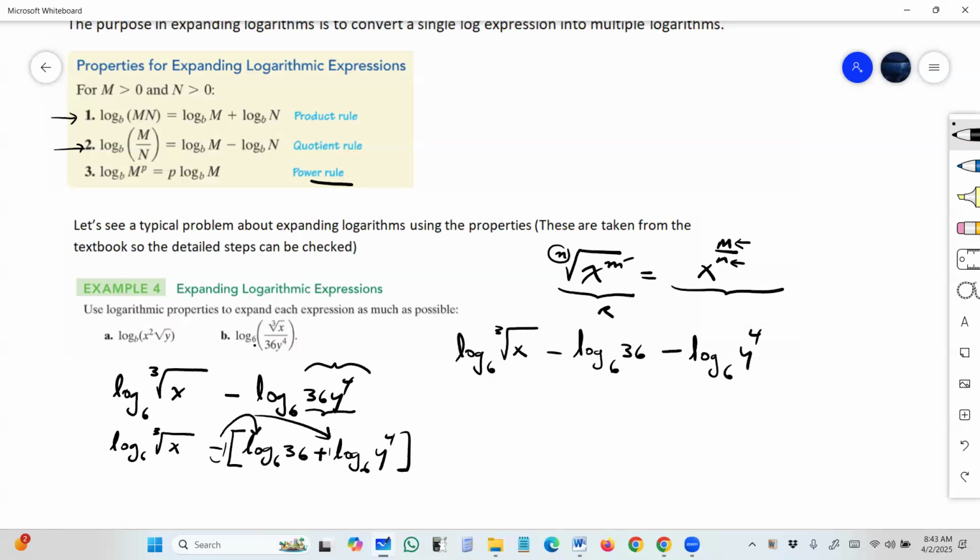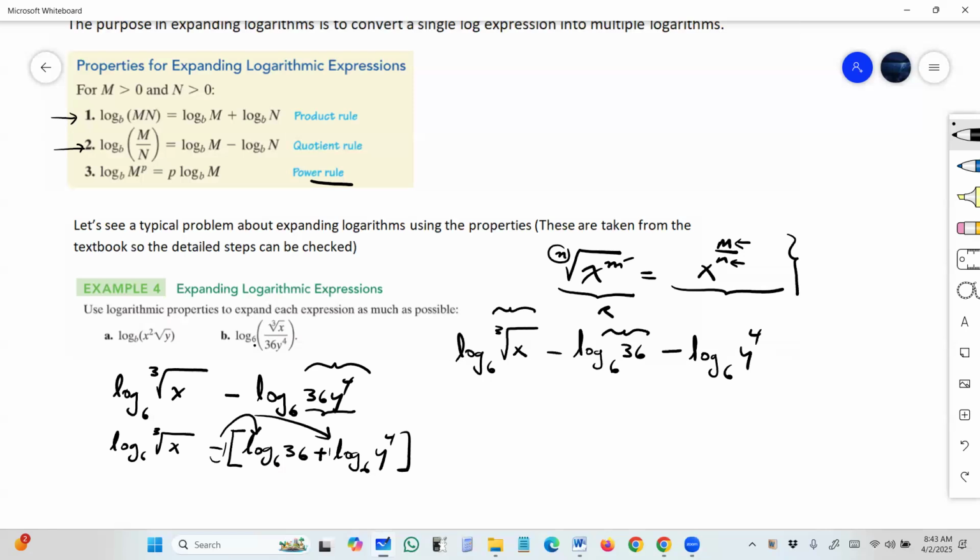Okay, my next step is I am going to convert this to exponential form, and I am going to simplify this. Anytime you have a log expression that can be simplified numerically, you must do so.